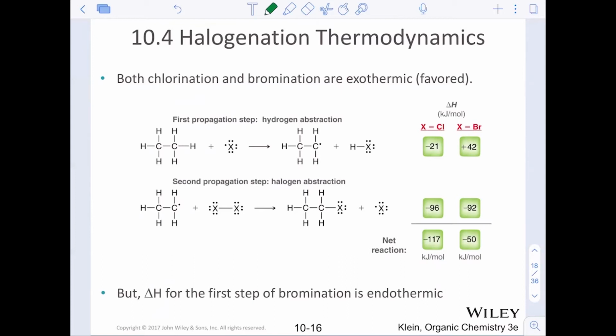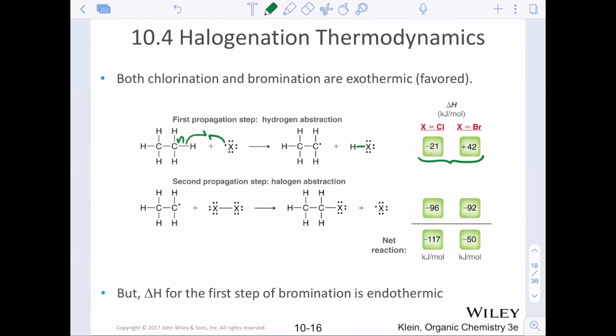But let's look at the big difference here, the difference between the first propagation step and the second propagation step. Let's remember our mechanism. Hydrogen abstraction, the halogen will come and make a new bond with hydrogen and make a new radical on carbon.